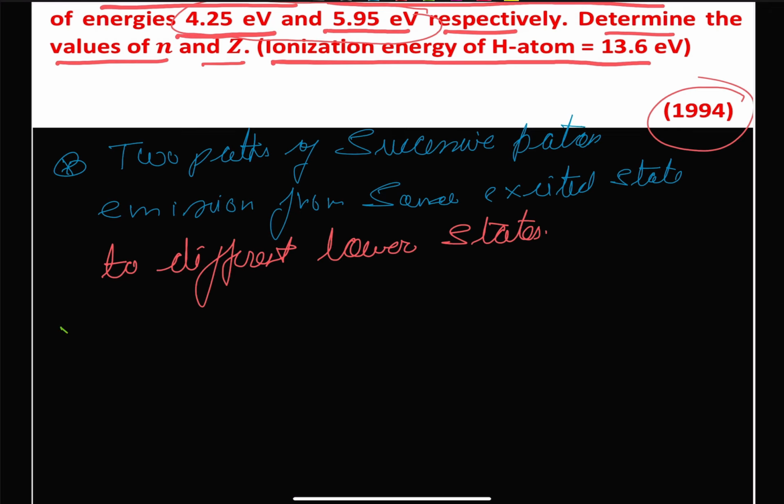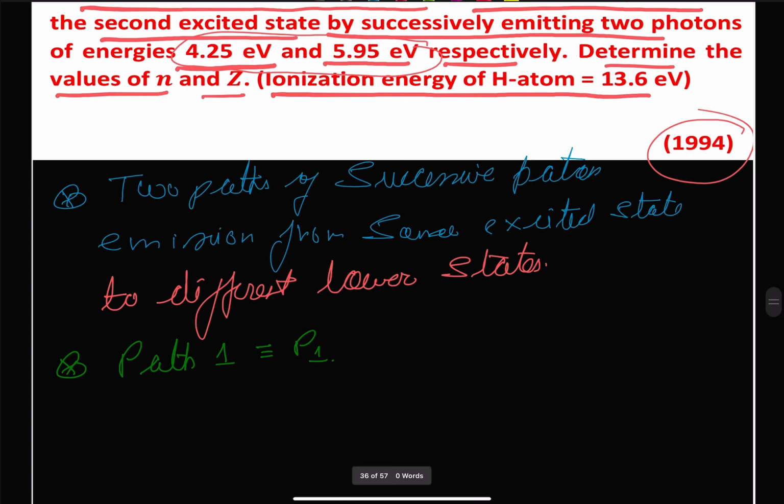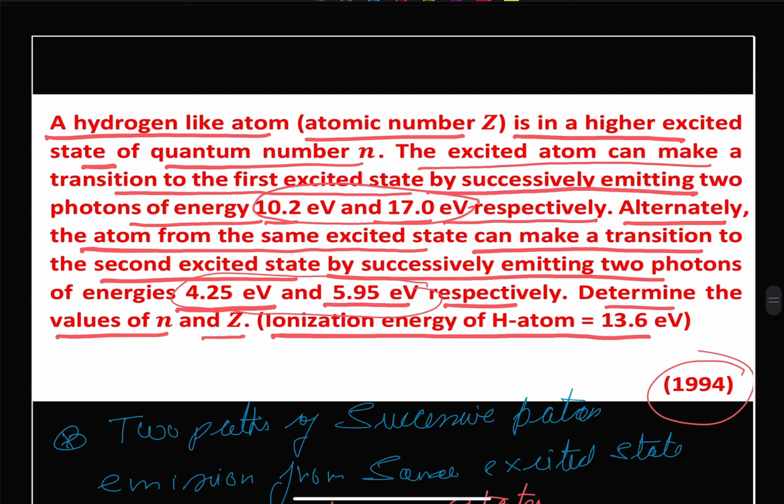So we have path 1, which we are calling P1, and P1 is for our first excited state.